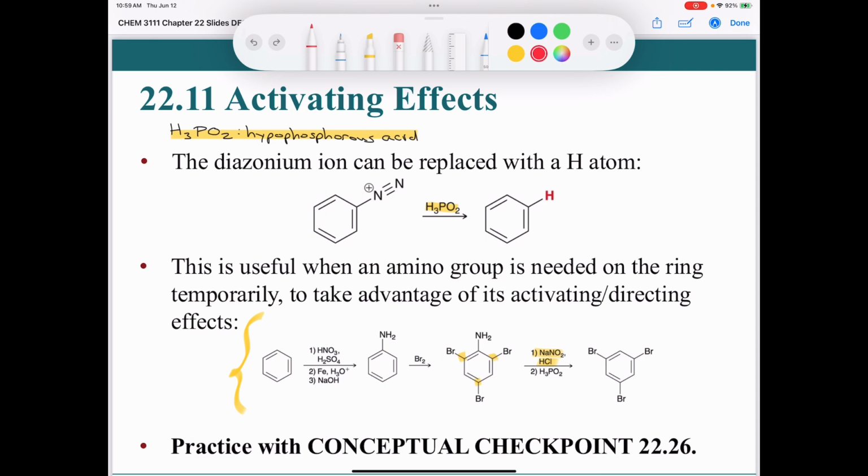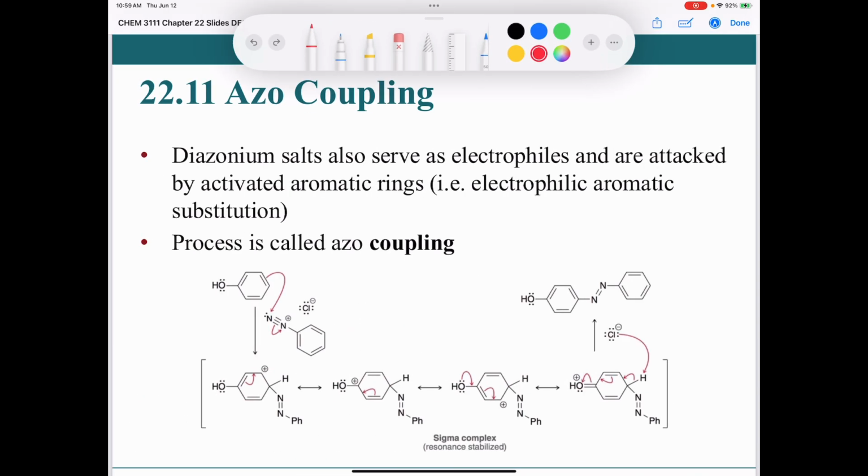Aryl diazonium salts are also known to react with aromatic rings, and this process is called azo coupling. It's shown here, and it's believed to occur via an electrophilic aromatic substitution, like we would have seen in chapter 18. So you can see here's your aryl diazonium ion.